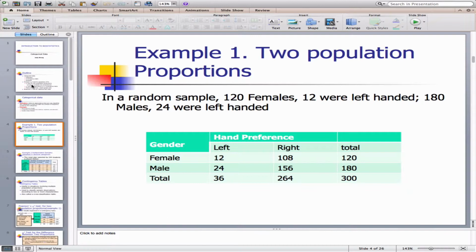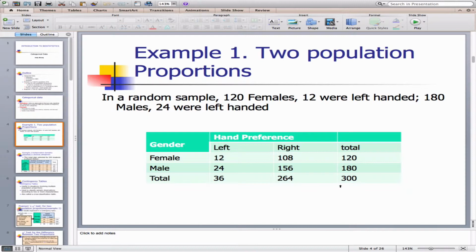Here, the data can be presented in a 2 by 2 table, and you have the number of individuals that satisfy both the row condition and the column condition. And then you have the column total, the row total, and the grand total.